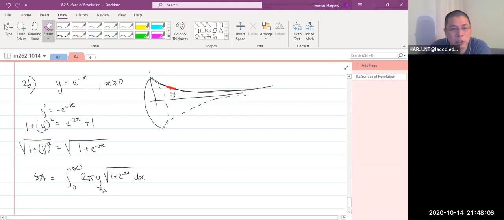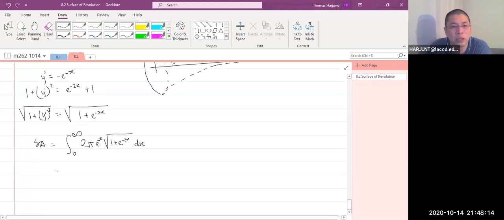This is e to the negative x. This equals 2 pi limit as t goes to infinity, remember, improper integral from 0 to t, of e to the negative x square root of 1 plus e to the negative 2x dx.